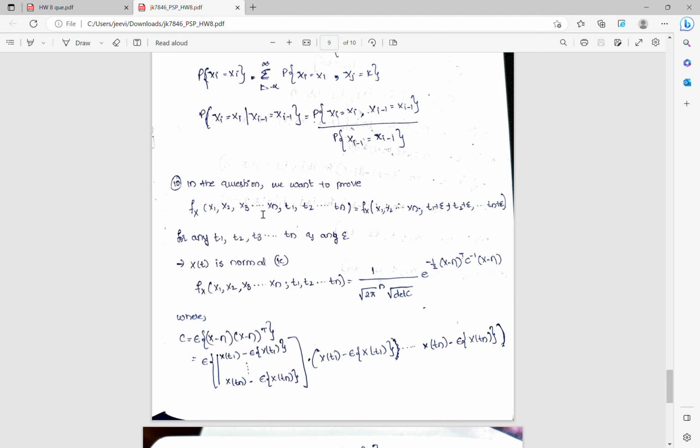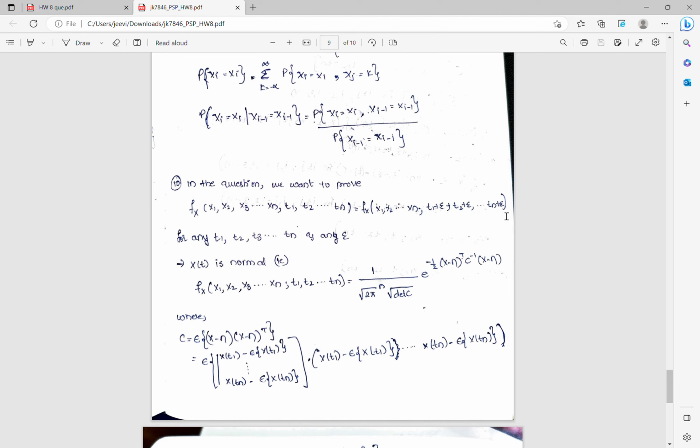And for a strict sense stationary process, that is the SSS, its statistics will not be affected by any shift on the time axis. That is, f of x for all x1, x2 all the way till xn and t1, t2 all the way till tn will be equal to f of x for all x1, x2, up to xn and t1 plus epsilon, t2 plus epsilon all the way till tn plus epsilon.